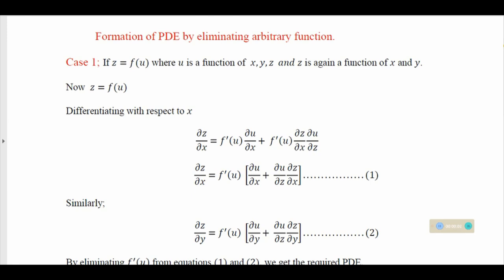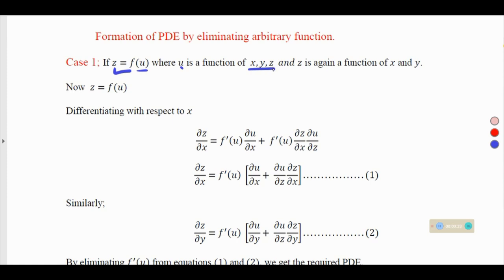Let us look at the formation of a partial differential equation by eliminating an arbitrary function. Here we shall have two cases, and for our first case, we shall consider when z is a function of u, but u is also a function of x, y, and z.